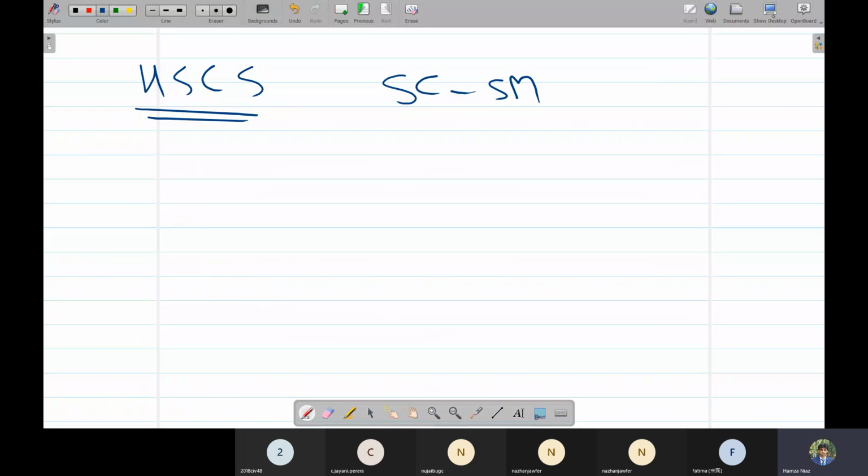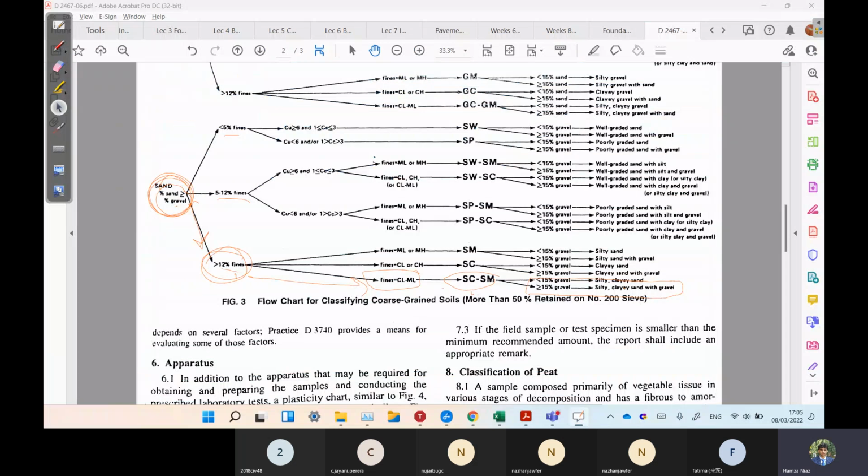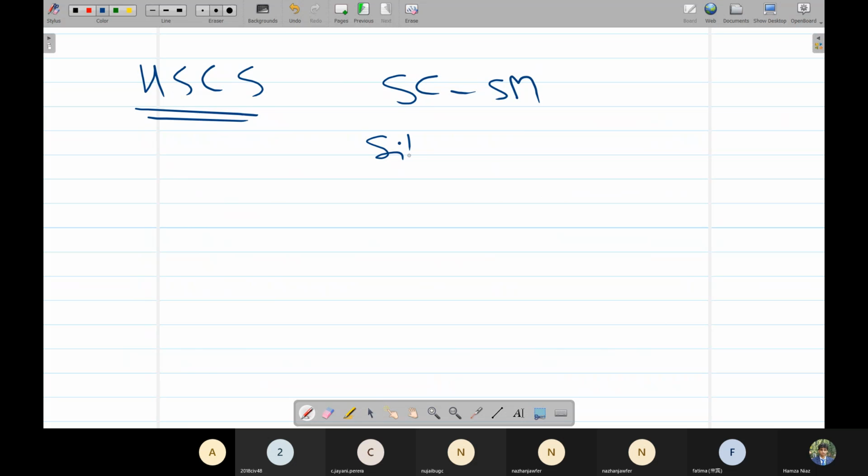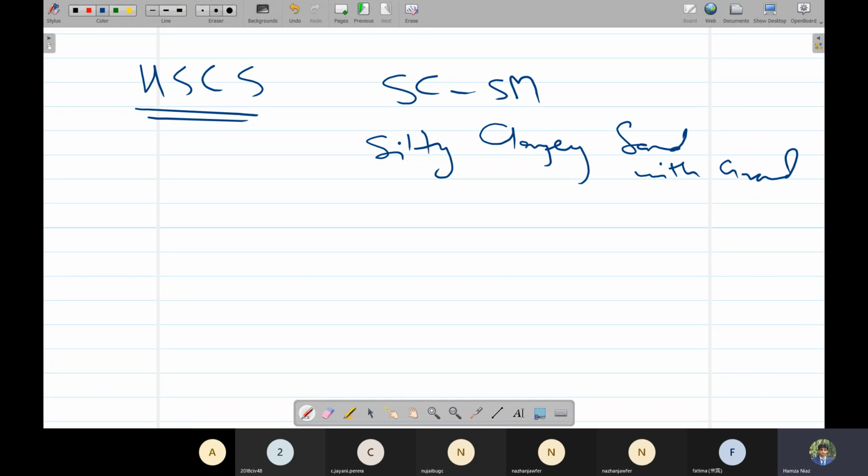In descriptive form, our classification would be silty clay sand with gravel. So this was simply the Unified Soil Classification System, or USCS classification. Any issue in this?